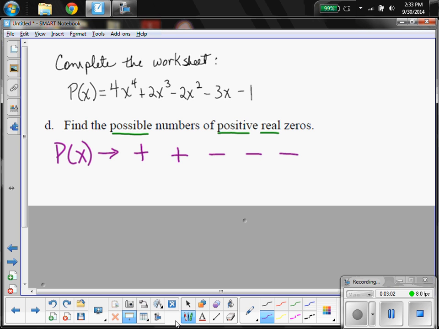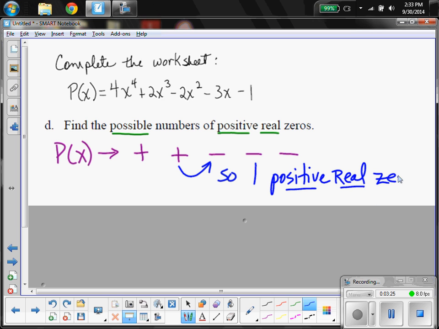Reading from left to right, these signs change only once. So that means that this polynomial is definitely going to have one positive real zero. This function will cross the right side of the x-axis only one time.